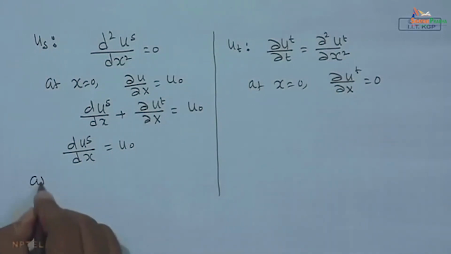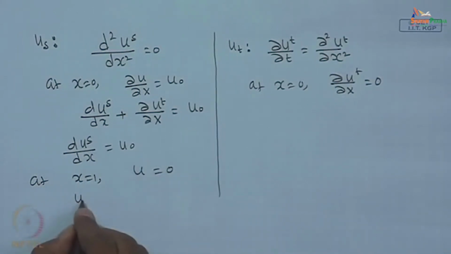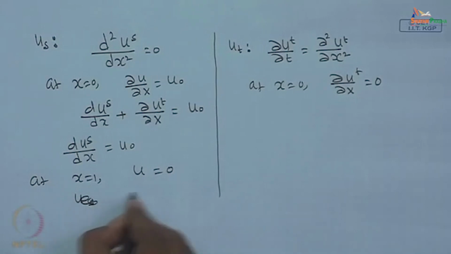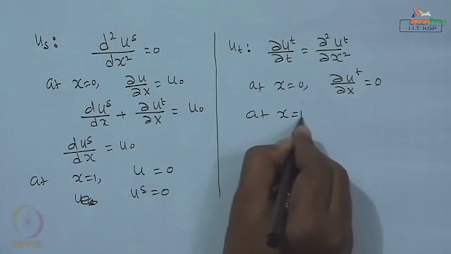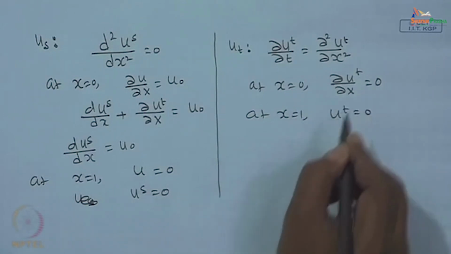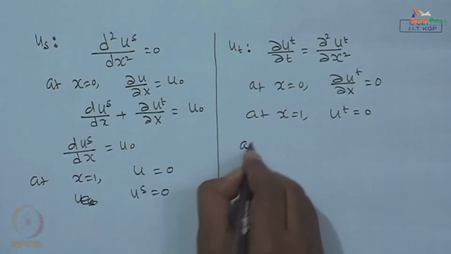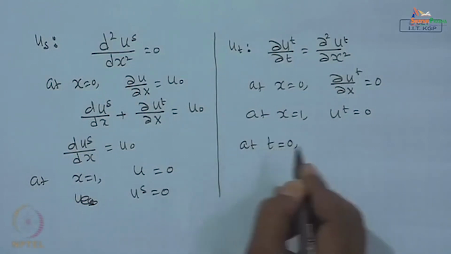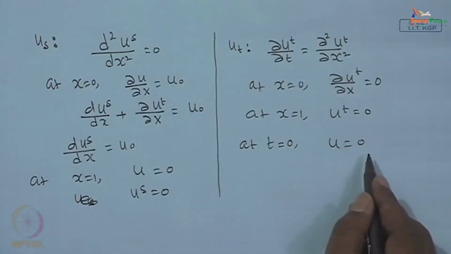So, at x is equal to 1 we had u is equal to 0. So, at x equal to 1 u s is equal to 0, and at x is equal to 1 we have u t is equal to 0. So, there is no problem in that, and let us fix the initial condition of the time varying part. At t is equal to 0 we had u is equal to 0, that is the condition on the mother problem.